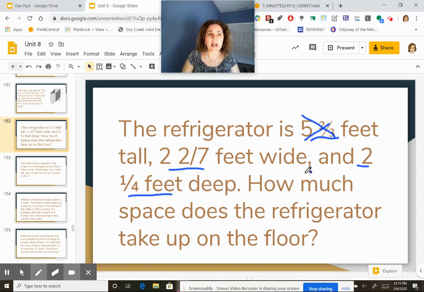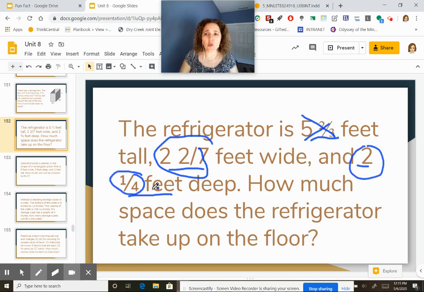So in order to find area, it's length times width. So I need to multiply 2 and 2/7 times 2 and a quarter. Okay, so go ahead and multiply 2 and 2/7 times 2 and 1/4 and see what you get. See if you remember how to do that, and then come back to me.